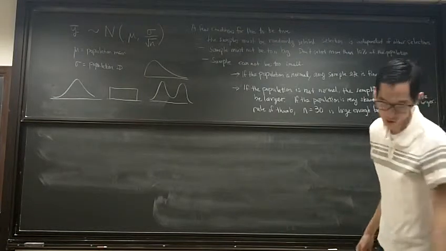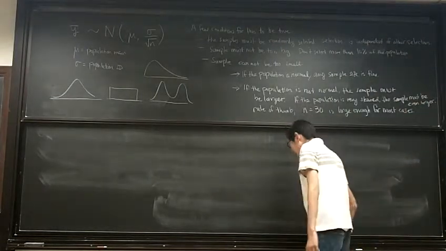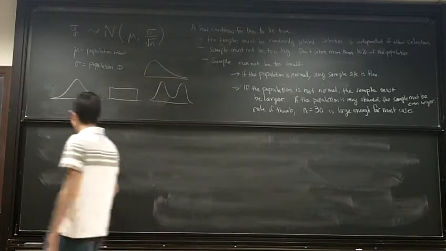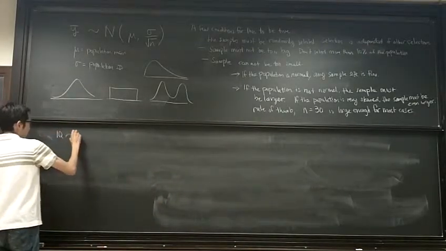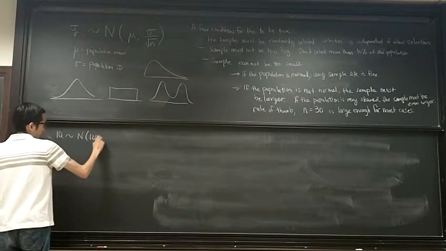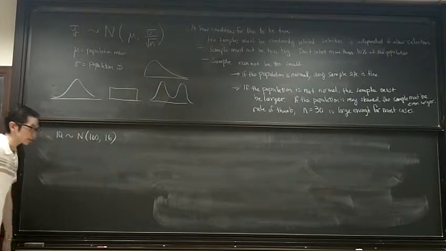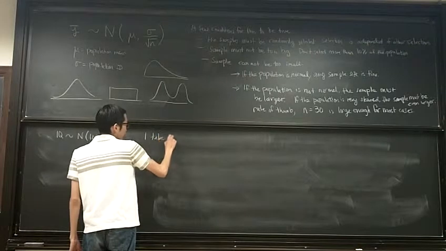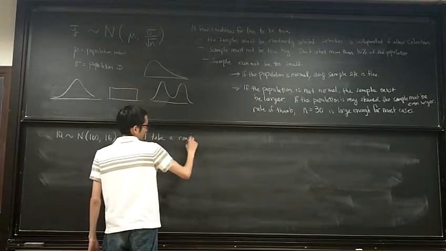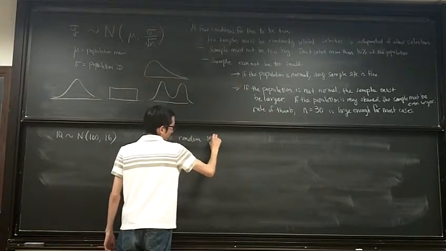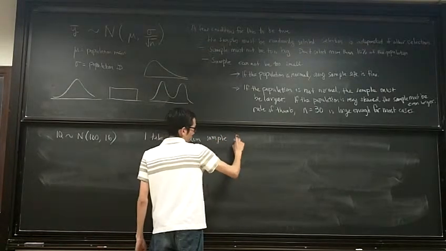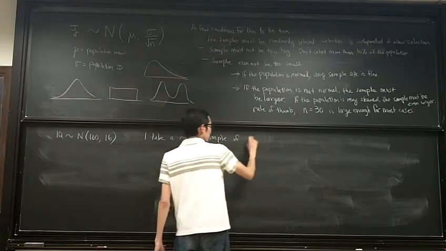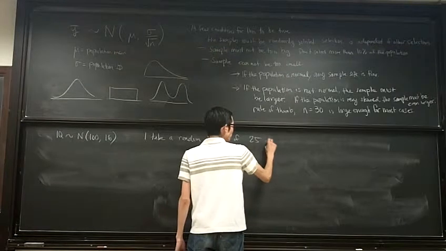Let's try something out. Let's say IQ follows a normal distribution, mean 100, and standard deviation 16. I take a random sample of 25 people.